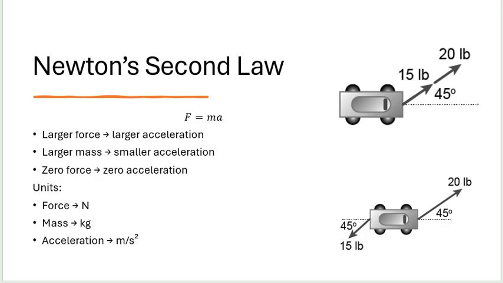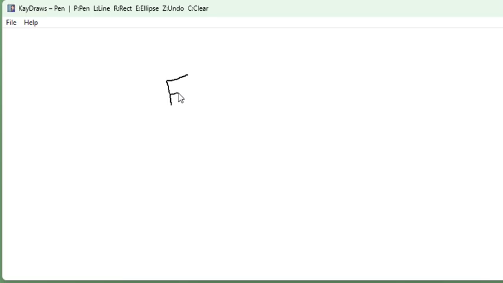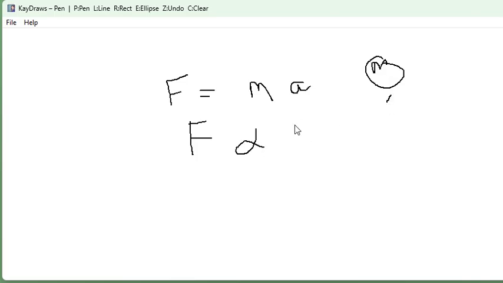Here you have your force, F, and then a, like this. Of course we can make mass constant. If you make the mass constant, force is directly proportional to acceleration.